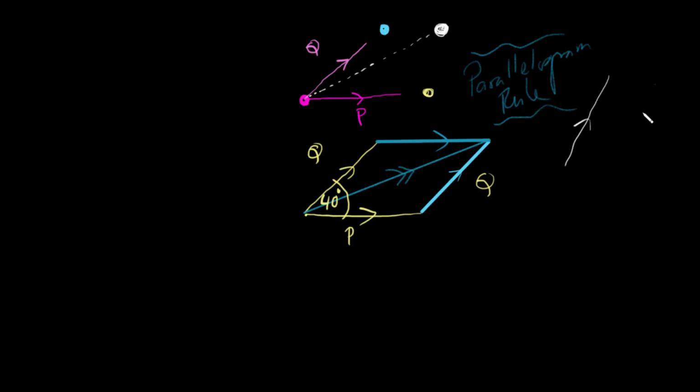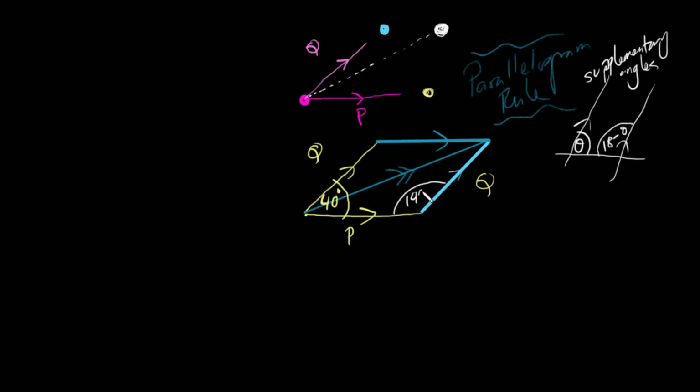When two parallel lines are joined by a transversal, if this is theta, this angle is going to be 180 minus theta, known as the supplementary angle rule. So this angle is going to be 180 minus 40, which is 140.